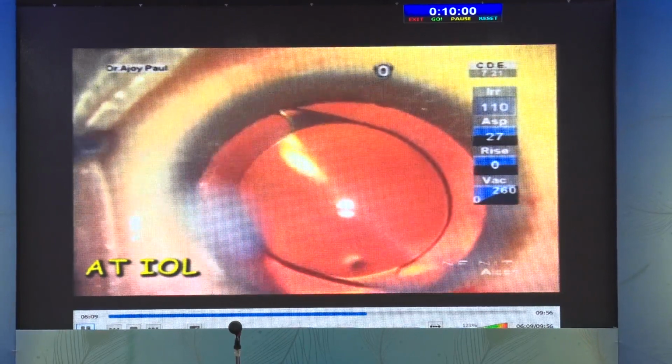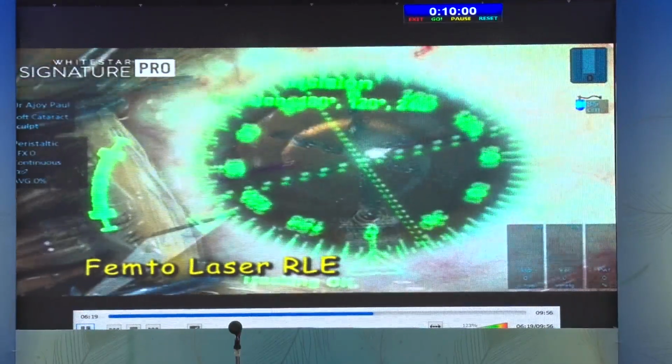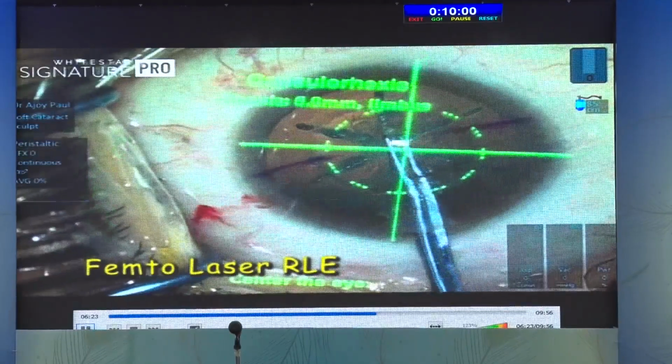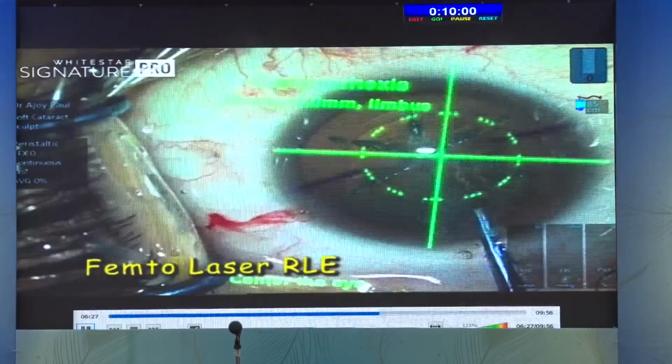In case of well formed, now femto laser is one of the options that you have, because here you can actually have a well round central capsular axis, and if you have a Verion in your disposal or any of the marking systems which are there, that would be perfect, because these are the patients at the age of 50 or 55 who would want to be rid of glasses.